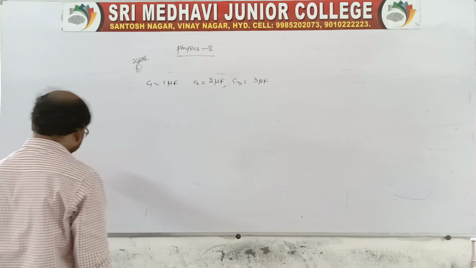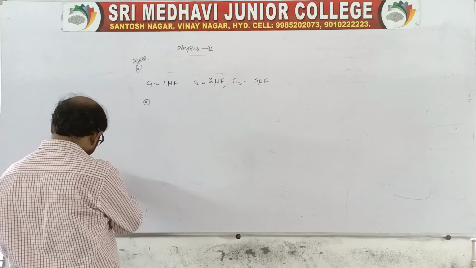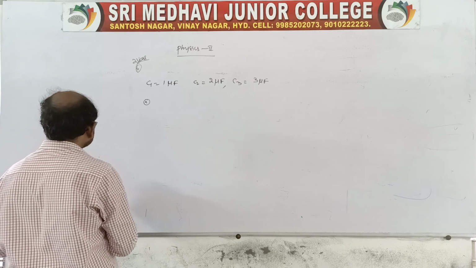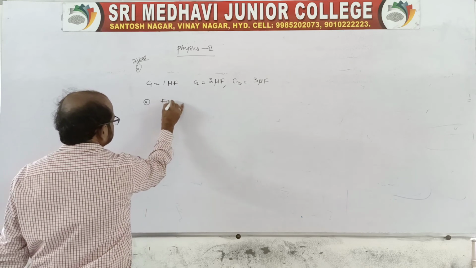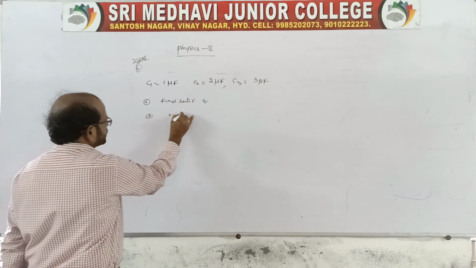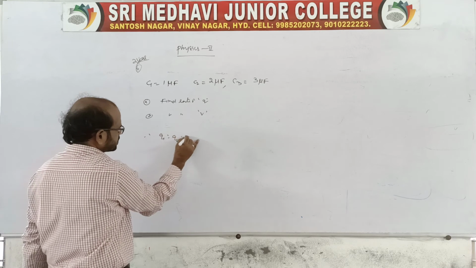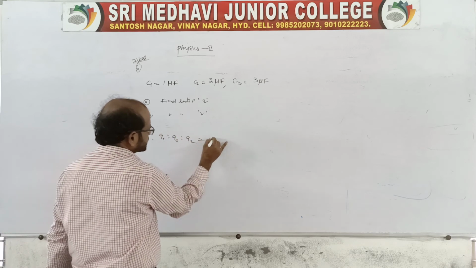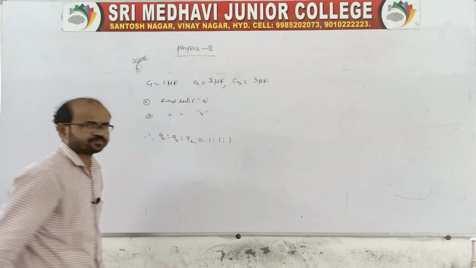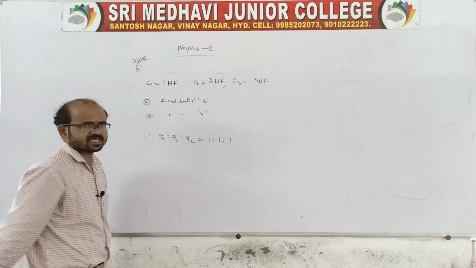What is the ratio of charges and the ratio of potential differences when connected in series? He is asking both. Here we know the charge in a series combination will be the same, so the ratio is 1:1:1. Whatever the charge is, it remains the same.